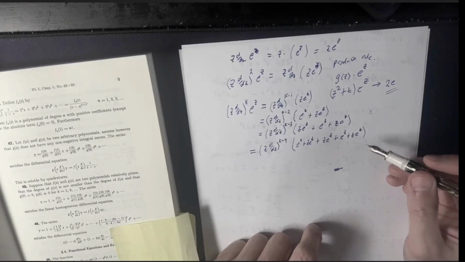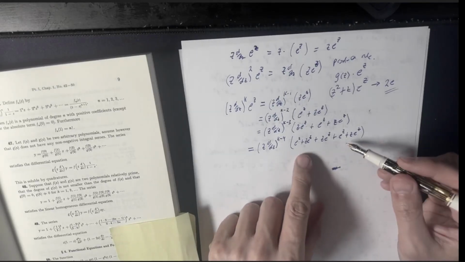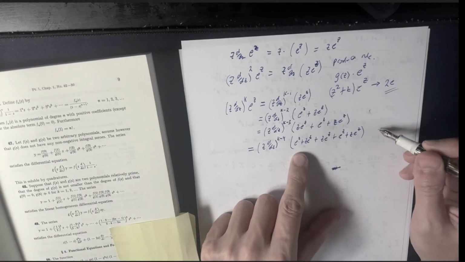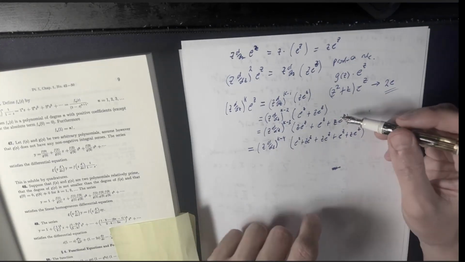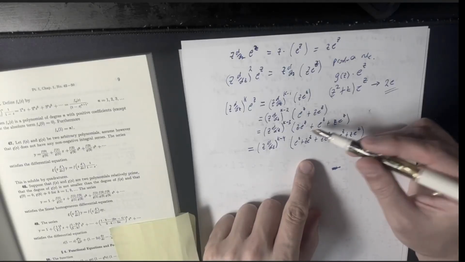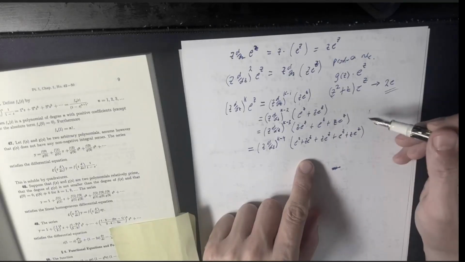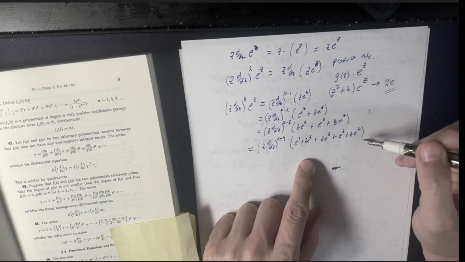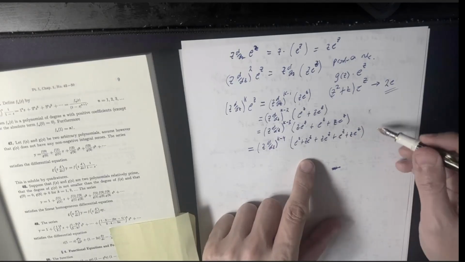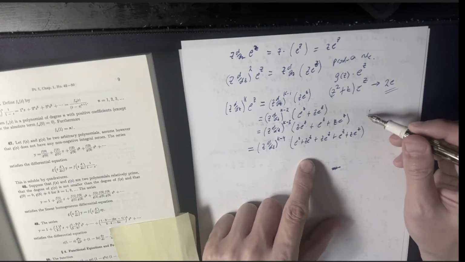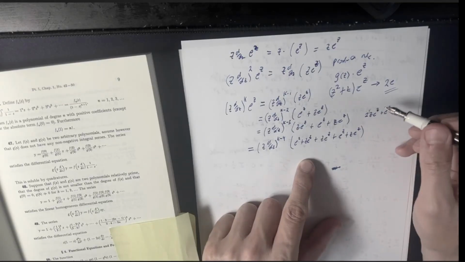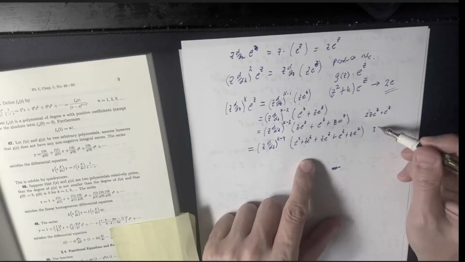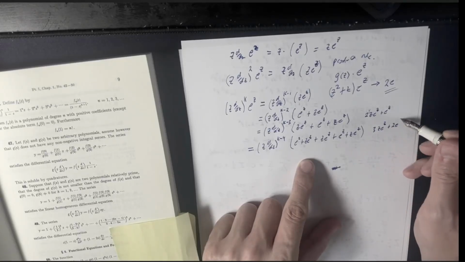I was hoping for a nicer pattern here, but no go. So this is like 3 plus 2 of them. So 2z e to the z plus e to the z, right? This one's 3z e to the z plus 2 e to the z.